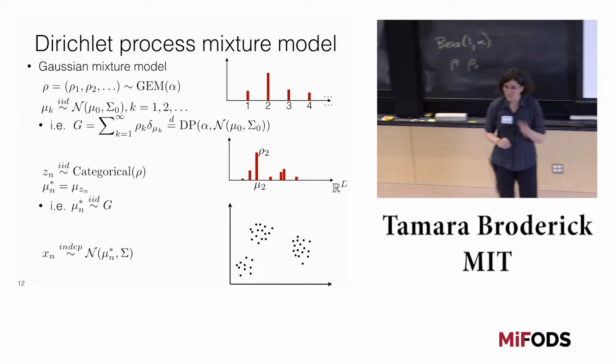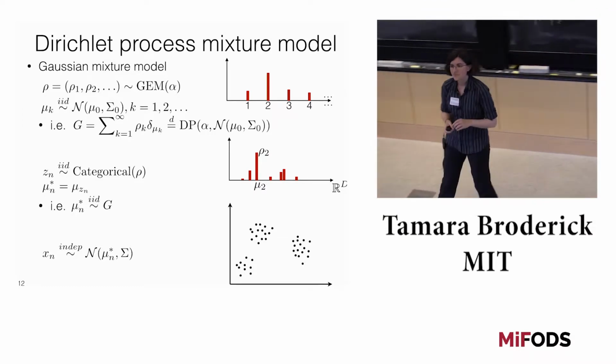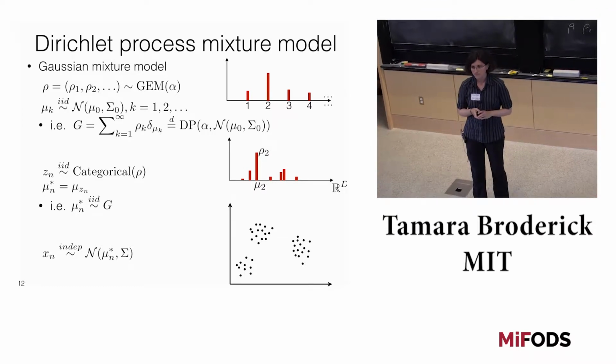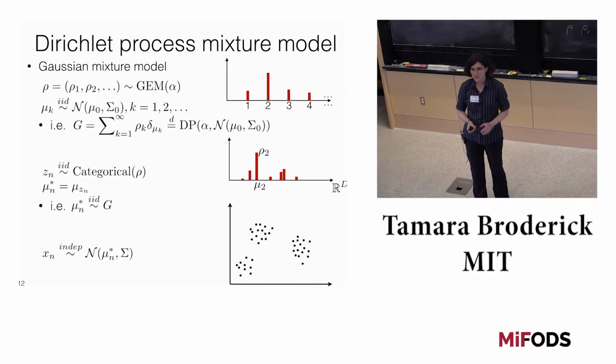Yeah? So if you change the normal to a Poisson on the line, is that what is called the Poisson-Dirichlet process, or is it something else? So I can't answer that specific question because a lot of people come up with a lot of names for stuff. But the thing that I would usually think of as a Poisson-Dirichlet process is actually a version of the GEM where you order the sizes of the components.